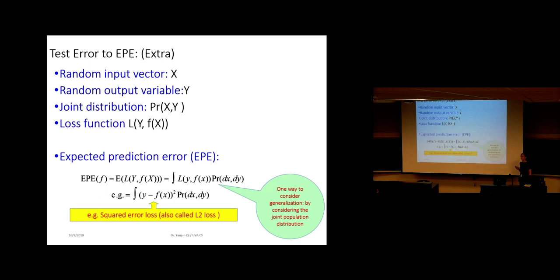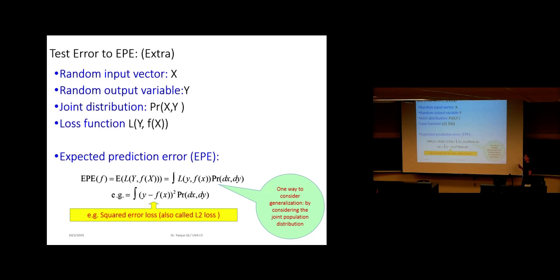Question about this? It's not just about training data. It's everything, the whole population joint distribution. So it gives us the loss for the whole joint distribution. Our sample data is just a sample from that distribution, right? Because whenever your training data is a finite set.